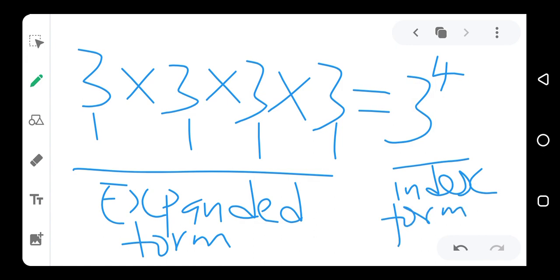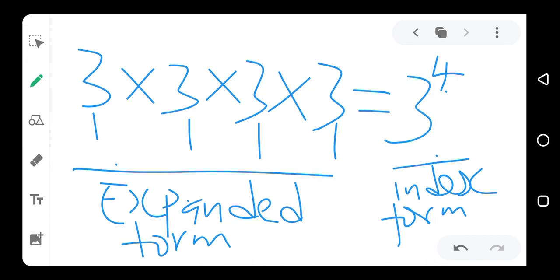So in your exam, you may be given the expanded form and asked to get it in the index form, or you may be given the index form and asked to get it in the expanded form.